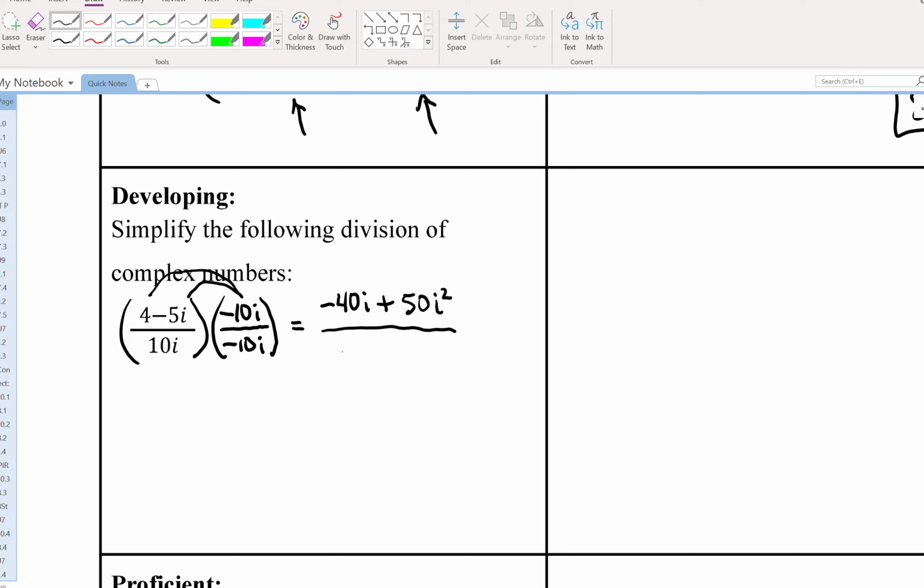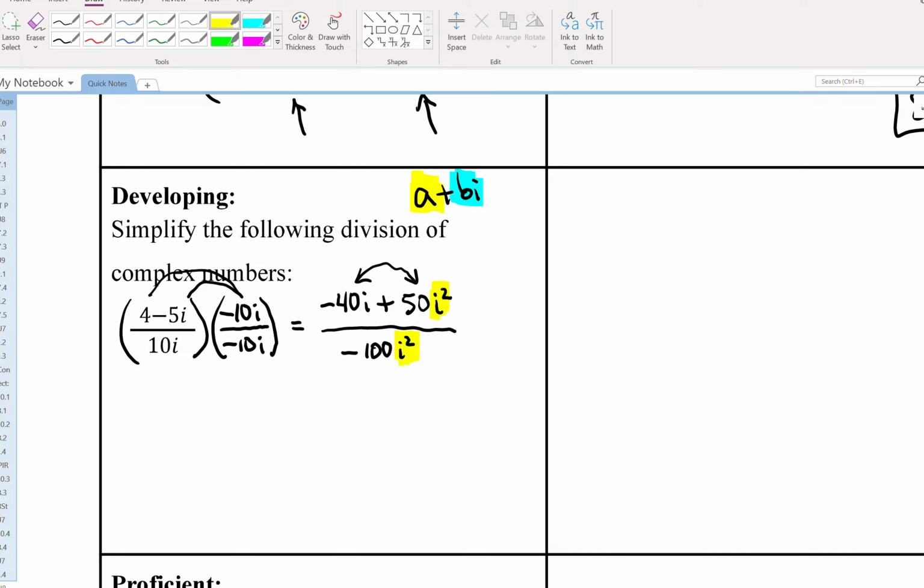A negative times a positive is negative. 10 times 10 is 100, and then I have i squared. I'm going to switch places between these two because our standard form is a plus bi, where a is the real part and bi is the imaginary part.